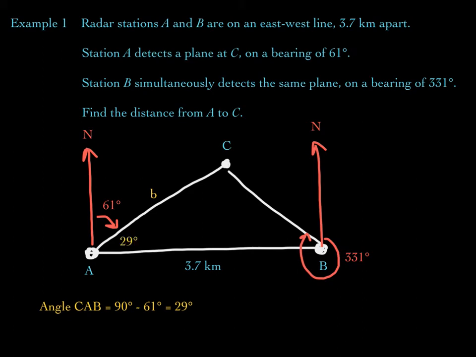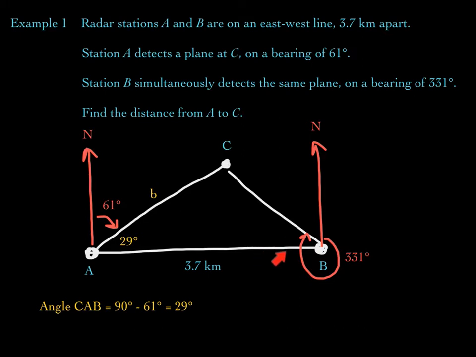All right, so let's see if we can show this angle here, or find it. Keep in mind that they gave us a bearing of 331 degrees. Now I want you to watch this carefully. From due north here, all the way around, if I stop here, ladies and gentlemen, right here, that would be 270 degrees.